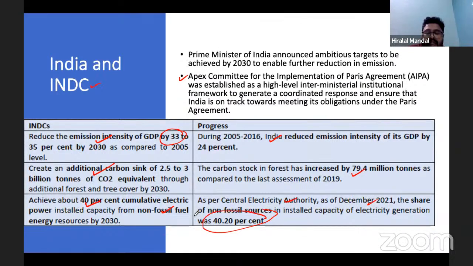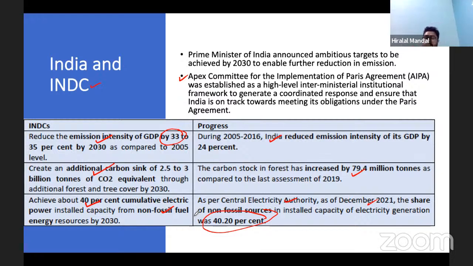So India has achieved this target 9 years before. We are currently at 40.2% when it comes to achieving energy through non-fossil fuels.